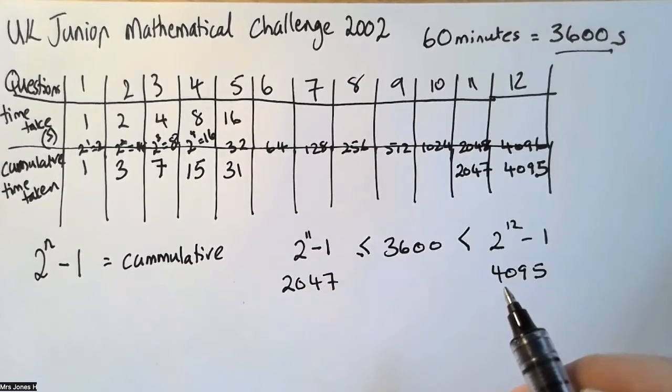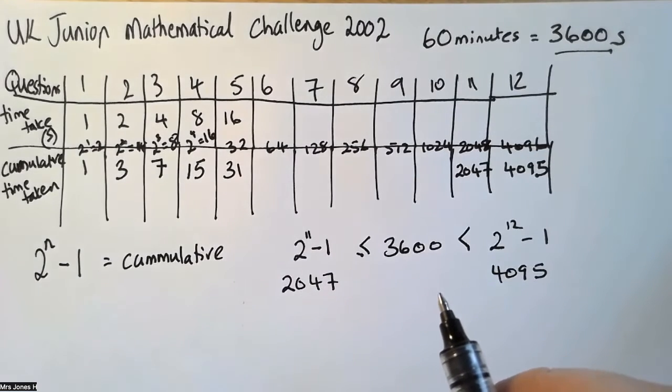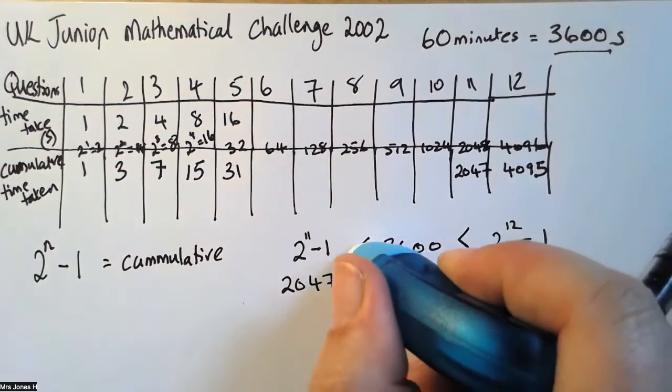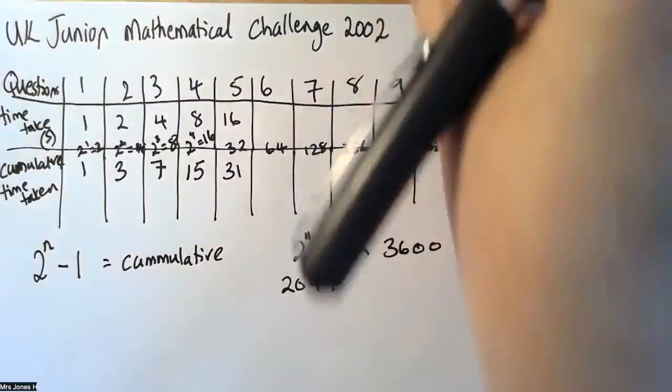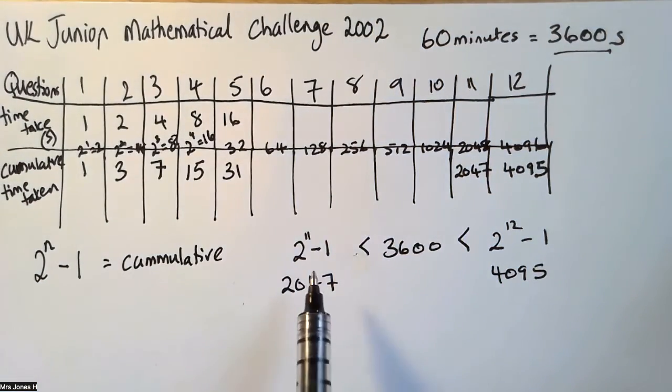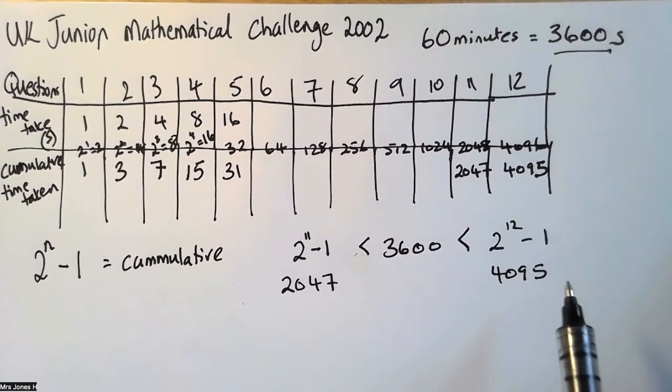That's where 3,600 comes into there. Take this away so it's not bothering anybody. With that knowledge, we know that she must have answered 11 questions but not had time to finish 12 questions.